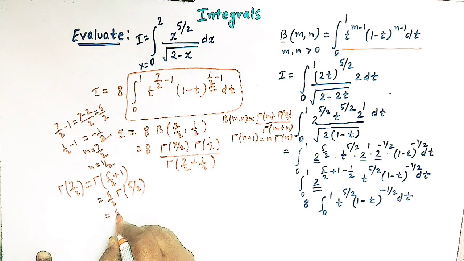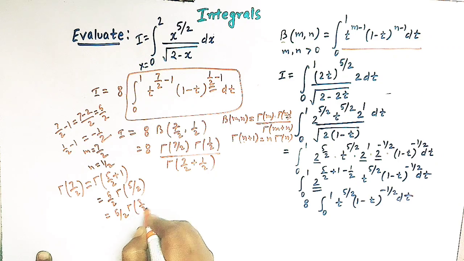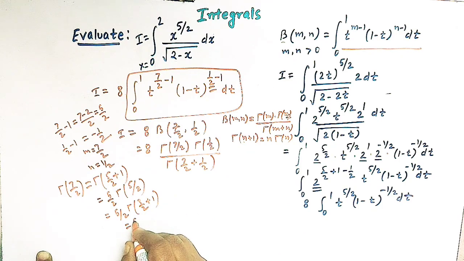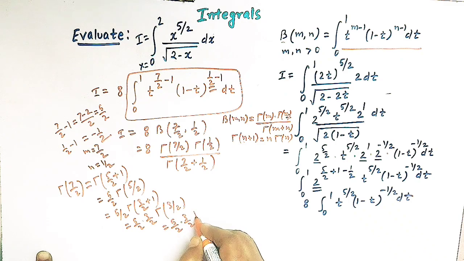And again we can split 5 over 2 as 3 by 2 plus 1. So again applying this result to this one, we have 5 over 2 times 3 by 2 and gamma 3 by 2. So let us further write gamma 3 over 2 as half plus 1.